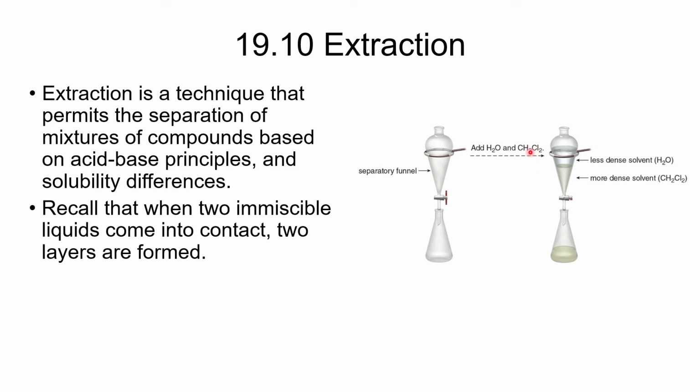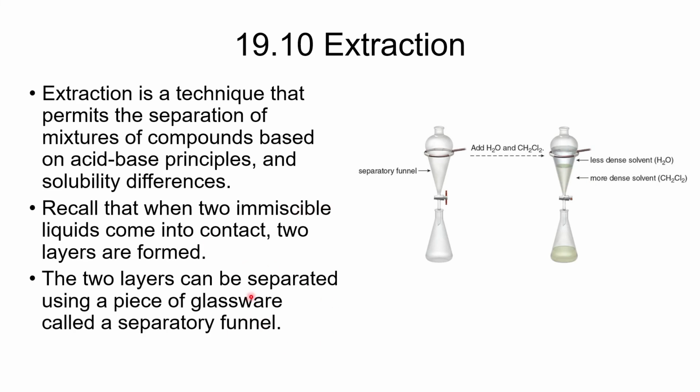Dichloromethane is more dense than water, because the chlorine groups make the compound have a density greater than 1. Most organic compounds have densities less than 1 gram per cubic centimeter, but this will have a density greater than 1, so it will be on the bottom, and the water will be on the top.